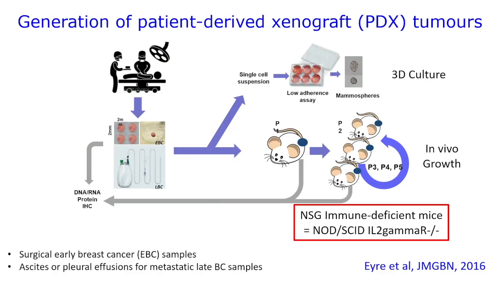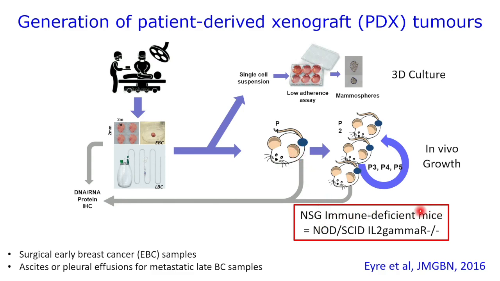So this just shows a schema by which we generated PDX. We took surgical samples, or we took ascites and pleural effusions from metastatic late breast cancer patients. And then you can use those both for 3D culture and for putting into mice.